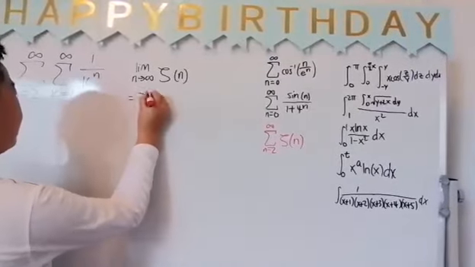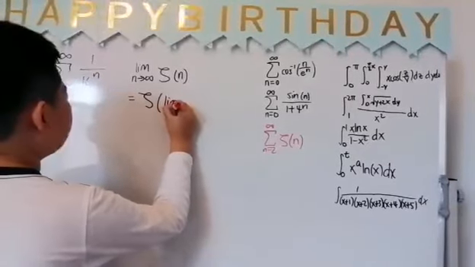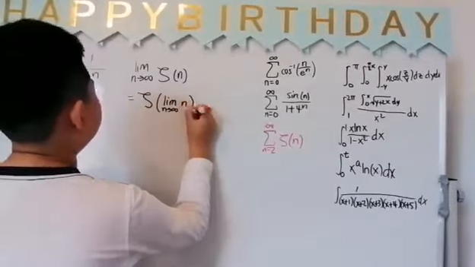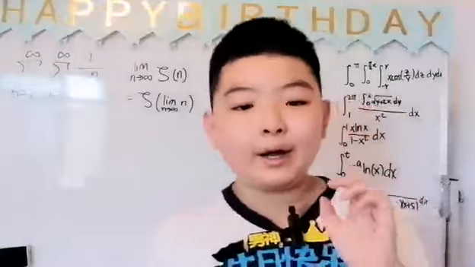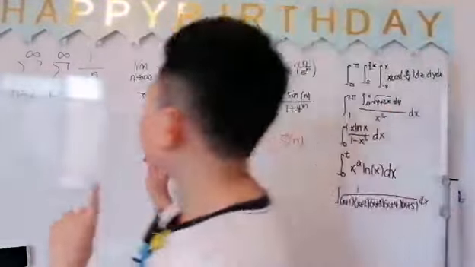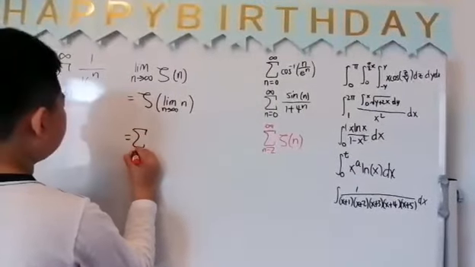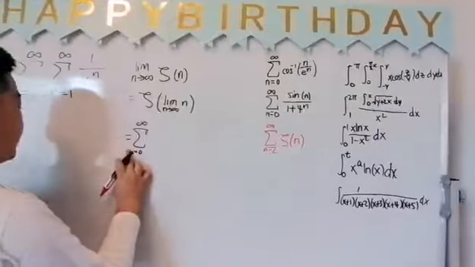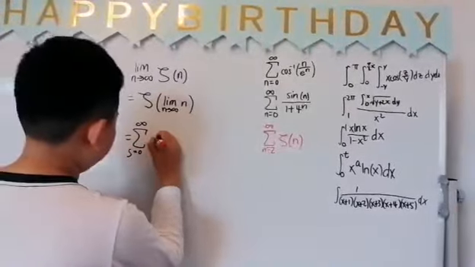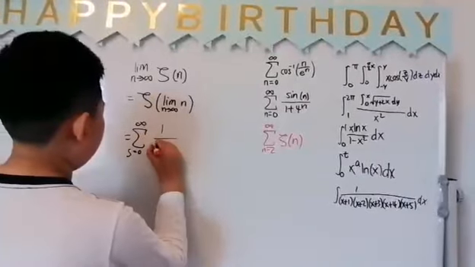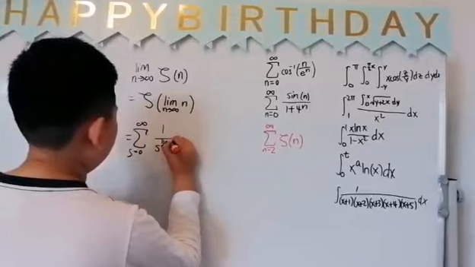So this goes to the Riemann zeta function of the limit as n approaches infinity of n. Alright, well, we have the Riemann zeta function of infinity. Now, this is equal to the sum, and of course I have to change this variable because we already have an n, from s equals 1 to infinity of 1 over s to the limit as n approaches infinity of n.